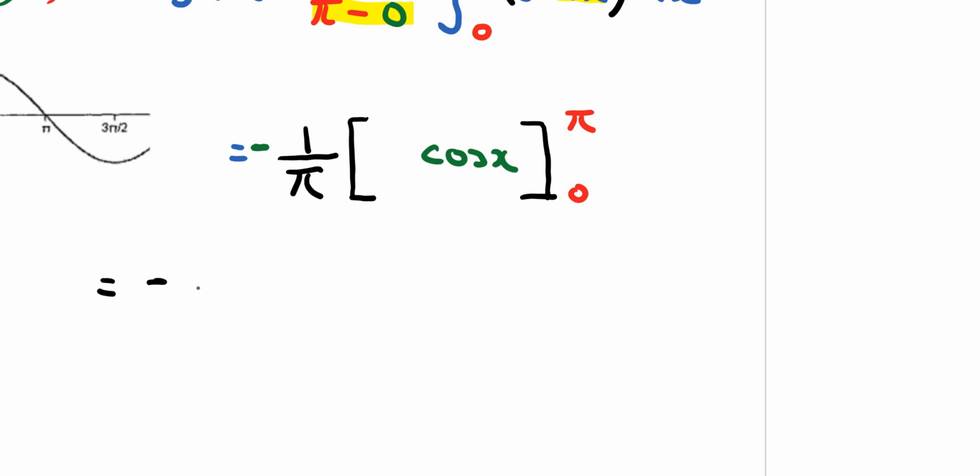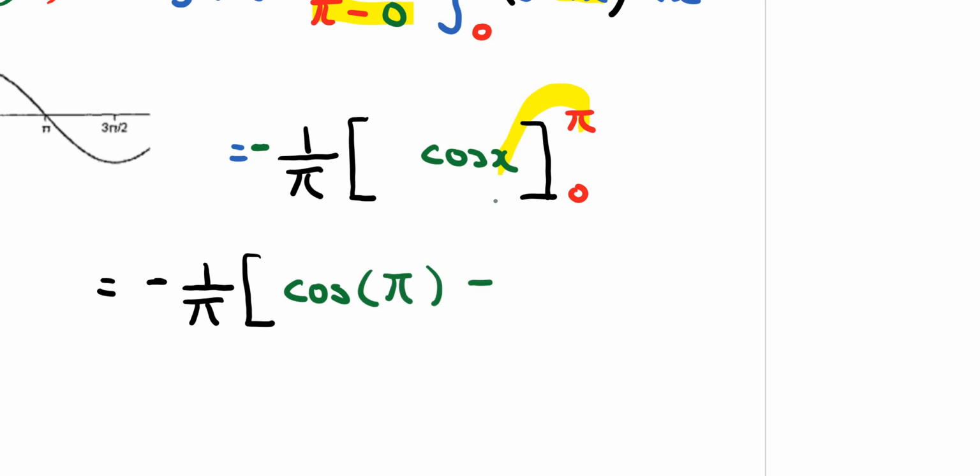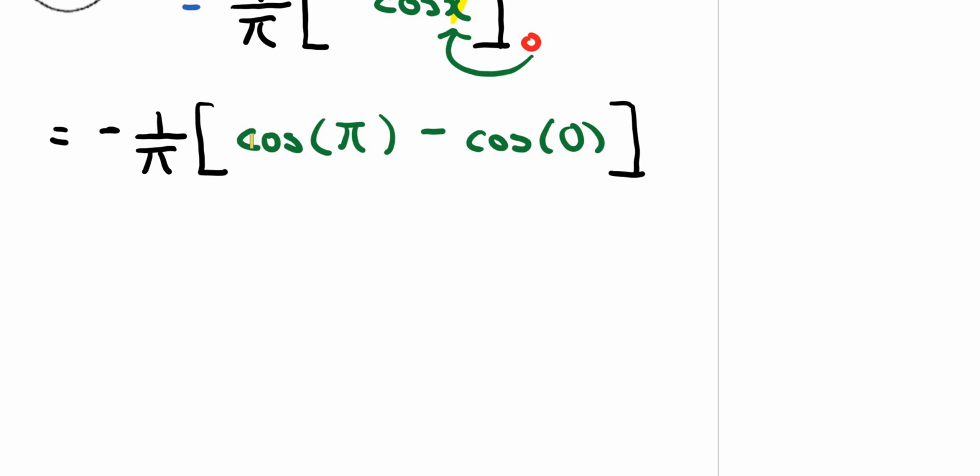So this will be negative 1 over pi. And then using the fundamental theorem of calculus, we use the upper bound first, so this will be cos of pi minus our lower bound, which is cos of 0. I find that this expression is a lot easier to figure out since we've factored out that negative sign from the get-go. And just think about the graph of cos x. Some students look at the unit circle; I just look at the graph.